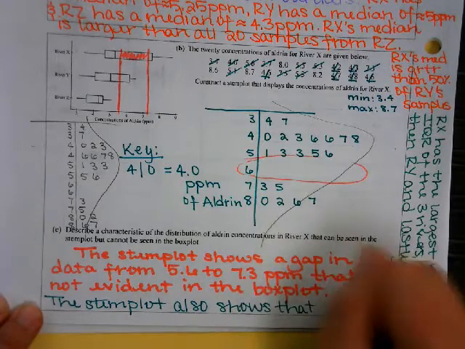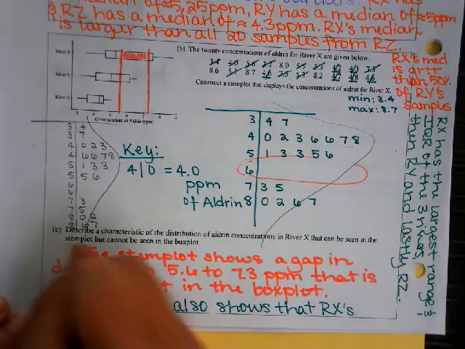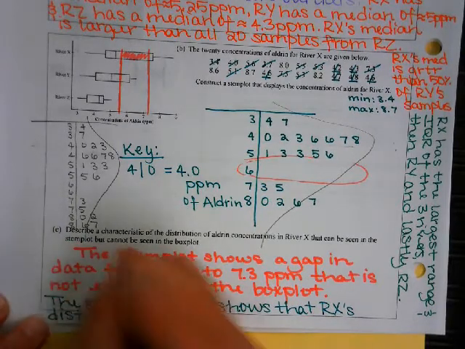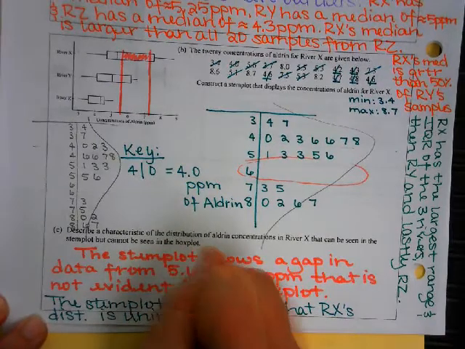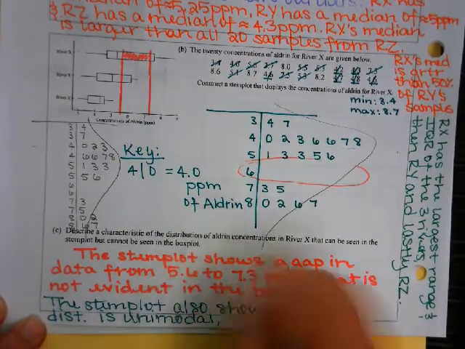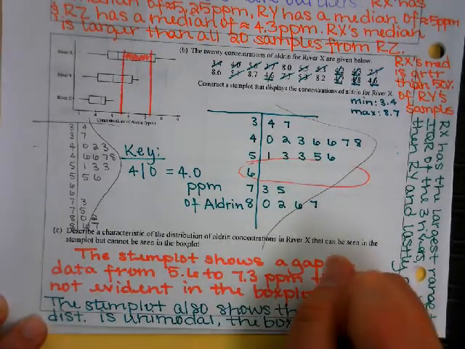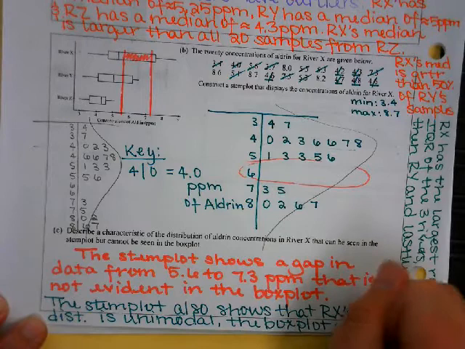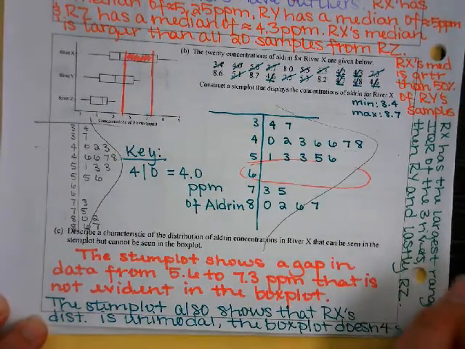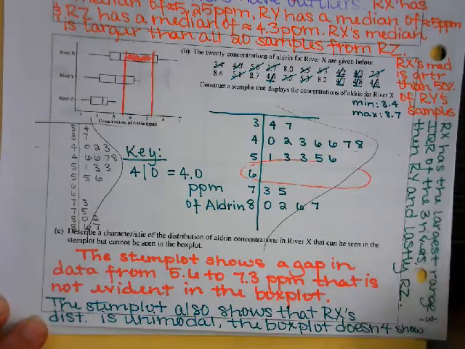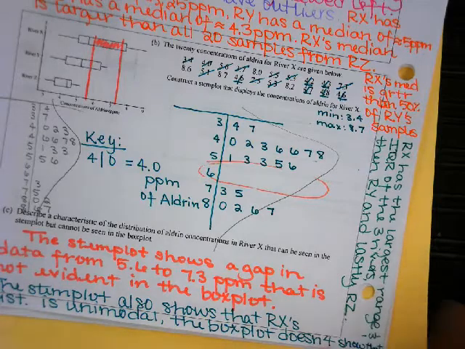And I abbreviated distribution. Am I off the board? Okay, thank you. I need to learn to write smaller. Any other thoughts, questions?